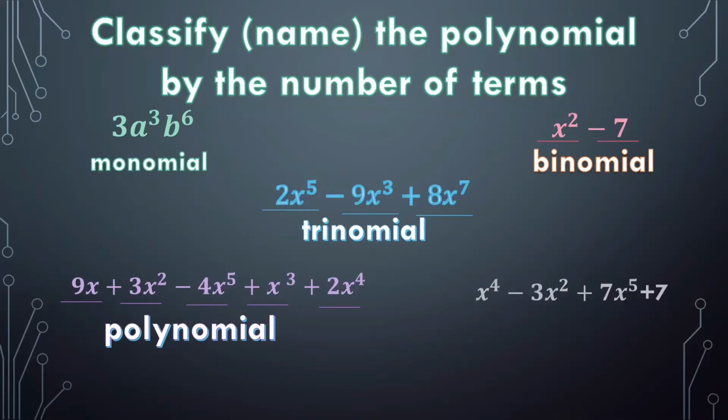So if I look here, I have 1, 2, 3, and 4. Again, this is a polynomial. So my last two, the one in purple and the one in white, while they have a different number of terms, they're still both polynomials. All of these on this page are polynomials, but a monomial, a binomial, and a trinomial have special names.